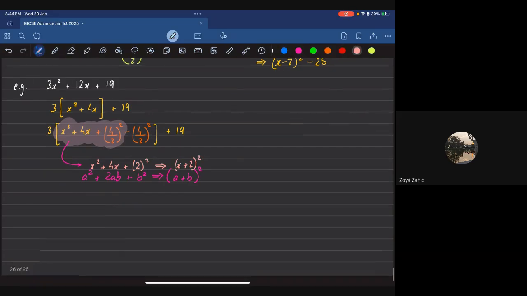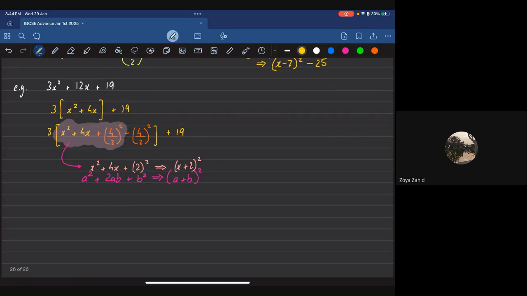All right. Now I can simply rewrite this down as it is. Writing it down below, it's going to be 3 times (x plus 2) whole squared minus 2 whole squared, which is technically minus 4 plus 19. So now I can solve it further.